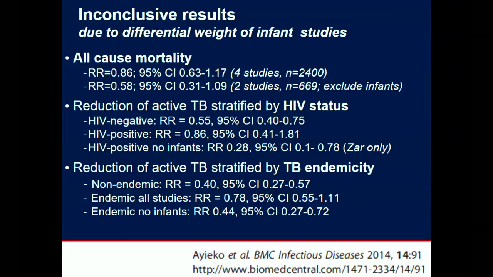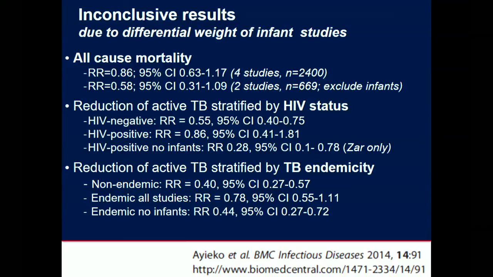So actually, just to highlight this a little bit, the HIV piece, which is what really drives the policy: in the HIV negatives, we have this relative risk of 0.55, and the positives 0.86. But then if you remove those MADI infant studies with primary prophylaxis, you're only left with the Heathers-R study, but your risk ratio is 0.28.